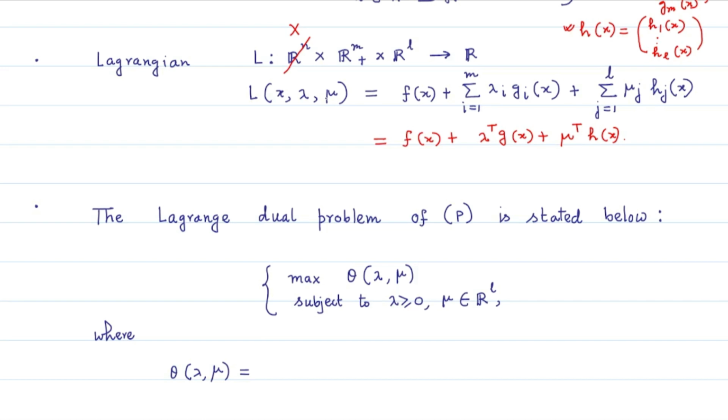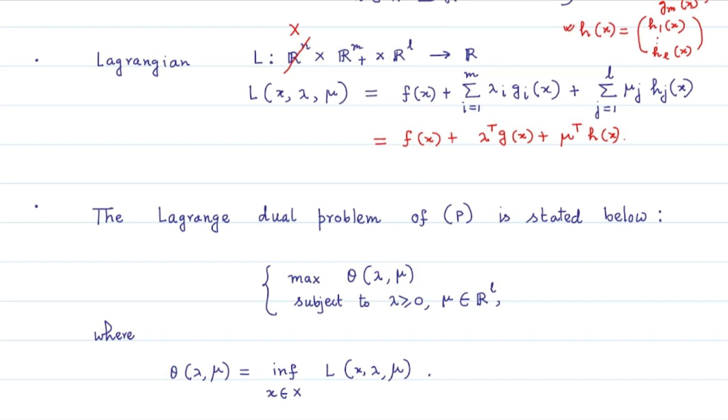The value that you will get as the infimum of this function L over the set capital X is the value of the function theta. So we consider this theta(lambda, mu) to be defined as the infimum of L(x, lambda, mu) over the set capital X.